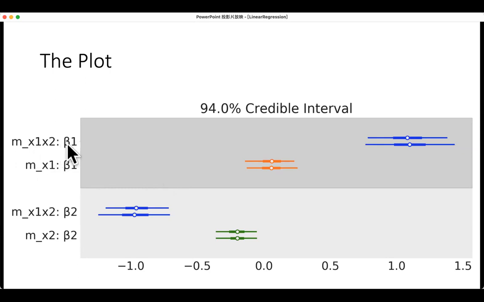In other words, for the top portion, the blue result is the one that comes from mx1, and the orange one actually comes from mx1x2. And for the lower portion, again, the top one actually comes from mx2, and the bottom one comes from mx1x2. So there's something wrong.